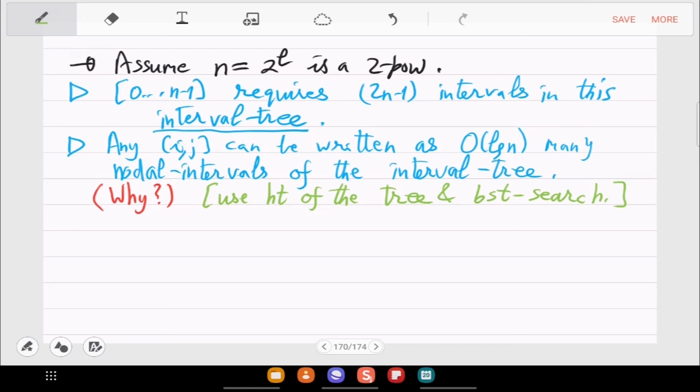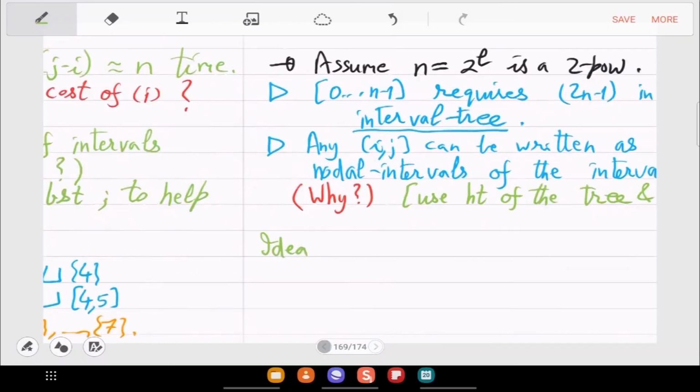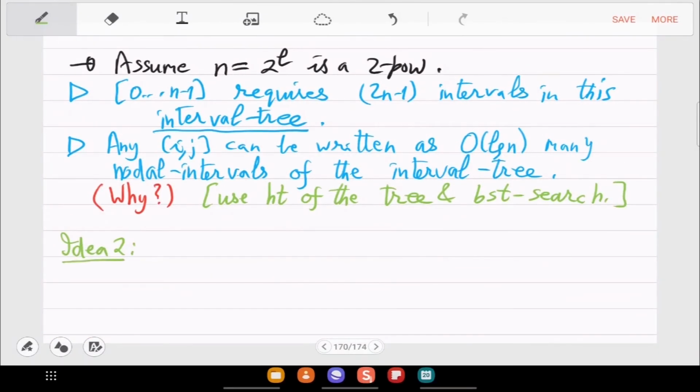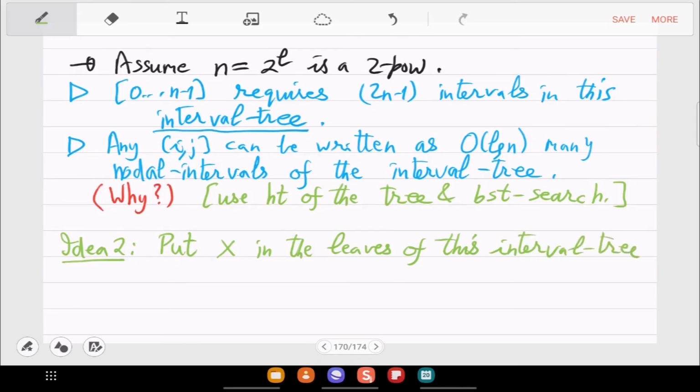So the plan is put x in the leaf, to get a complete binary tree.